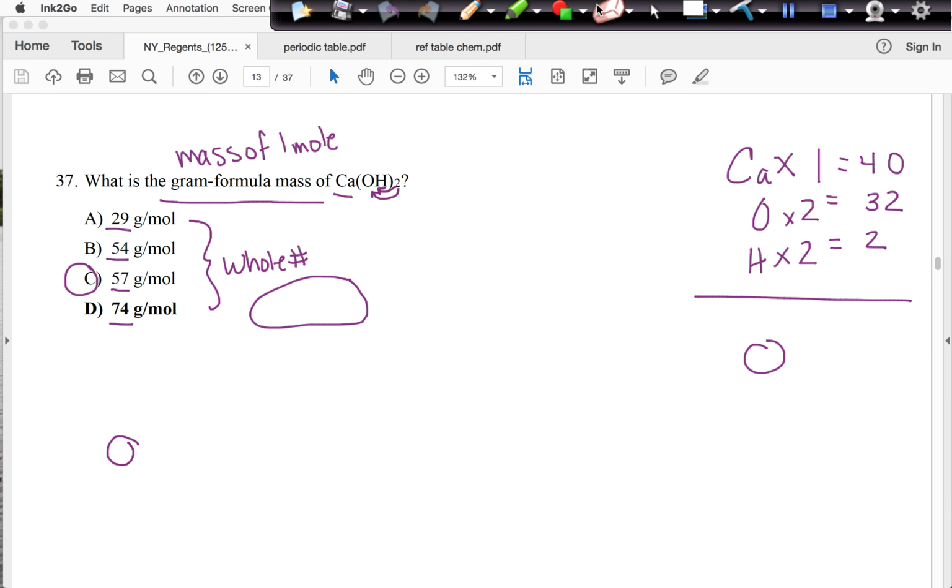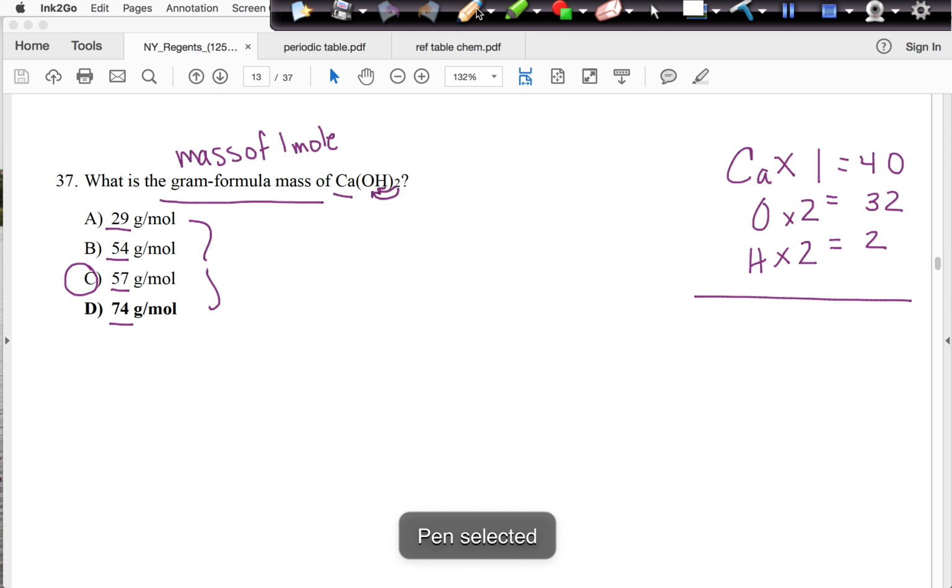When we move back over to our other screen and do the math, we add 40 and 32 and 2, and you wind up with 74. So 74 grams of calcium hydroxide will be 1 mole of calcium hydroxide.